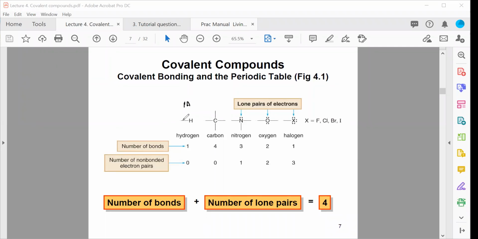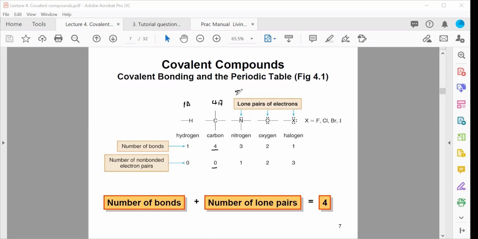It forms 1 covalent bond with 0 lone pairs remaining. Carbon, 4A, as you know, so it has 4 valence electrons. It uses all 4 of its valence electrons to form 4 covalent bonds that you can see there. Number of bonds 4, number of lone pairs remaining 0.